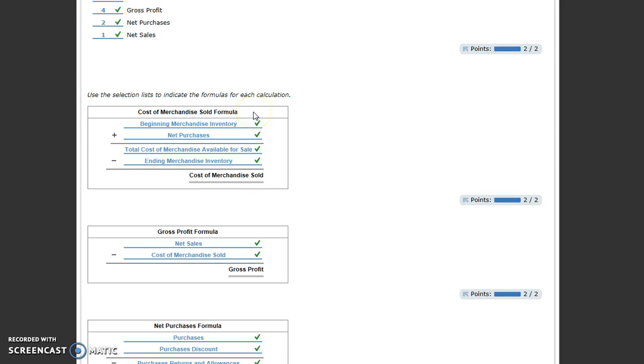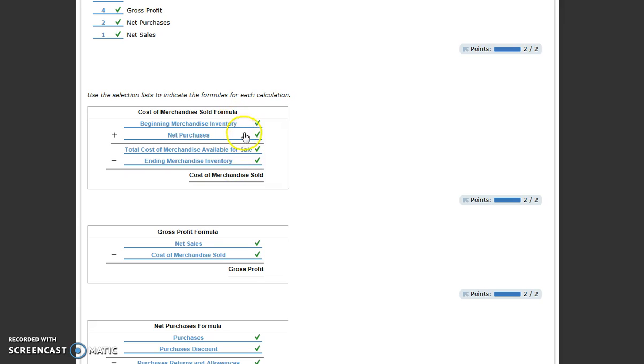The cost of merchandise sold, if you go back, this is on page, let me make sure I can get it. It's on page 477, cost of merchandise sold. And we have the beginning merchandise inventory plus the net purchases equals the total cost of merchandise available for sale. And then we subtract the ending merchandise inventory.